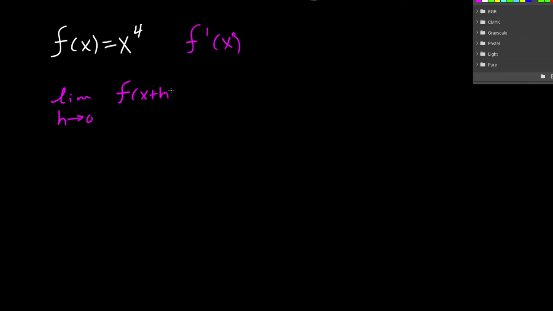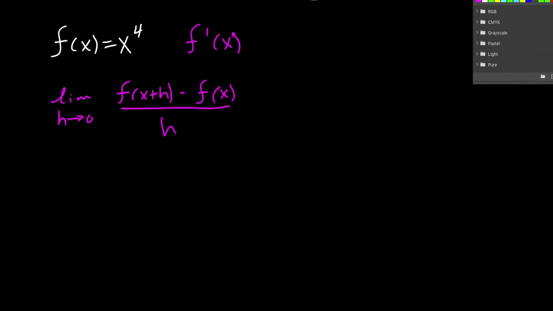So this time we're going to start with x to the 4th. And then we need to find f prime of x, or find the derivative. Okay, so they want us to do it from first principles. So we're not going to use any shortcuts. So I'm going to just say limit as h approaches 0 of, I'll just write the whole thing out so you don't get lost.